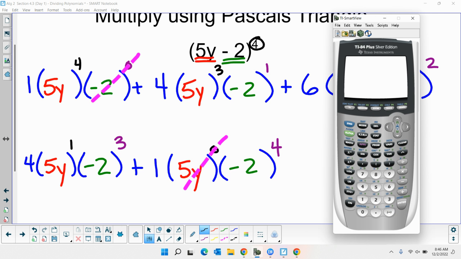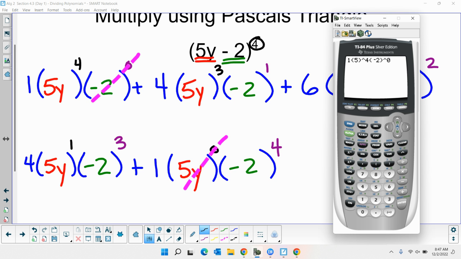All right, I'm gonna go 1 times 5 to the 4th. I'm gonna even put the -2 in there because I'm gonna have to do it later anyway. Okay, 1 parentheses 5 to the 4th parentheses -2 to the 0. I'm just gonna do everything. Okay, don't need to worry about the variable.